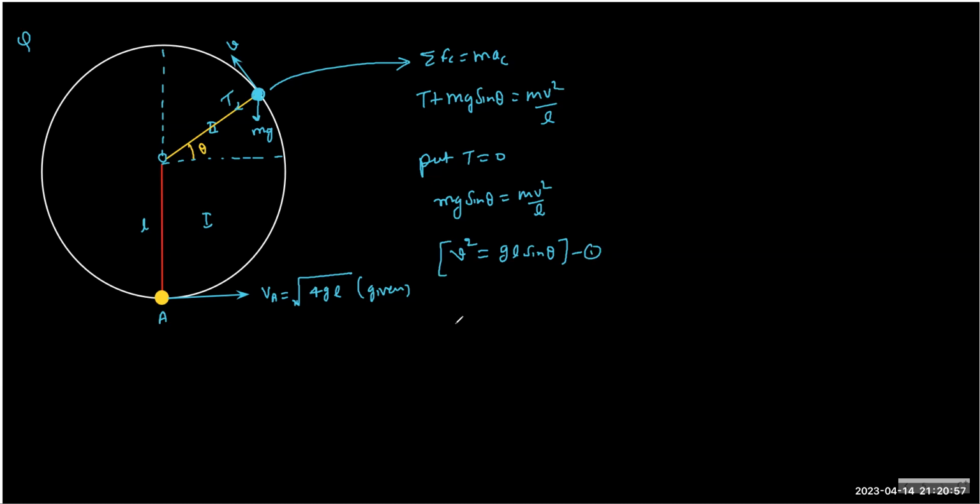All right. But once you get the V relation with theta, what is the next step?